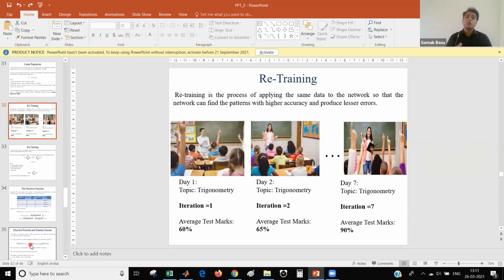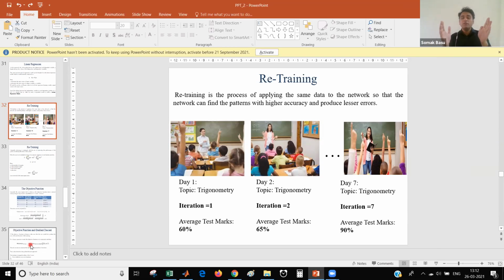What do we mean by retraining? Generally, any machine learning model, whether it's a neural network, a linear regression model, a non-linear regression model, or a support vector regression model, tries to find some relation between the inputs and the outputs as you feed data to it. If you feed the data once, we say that you have trained the model.